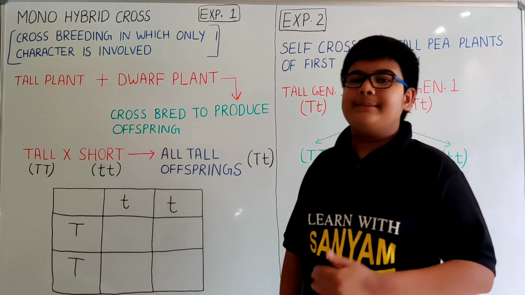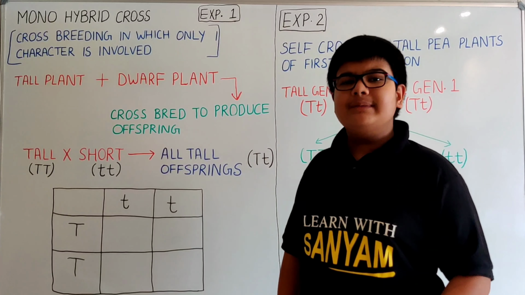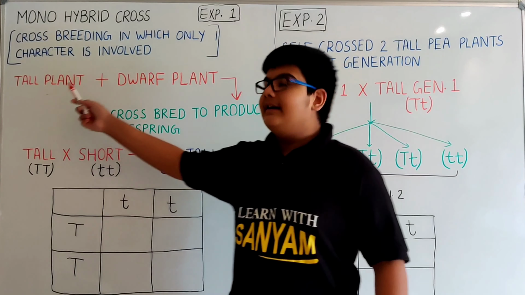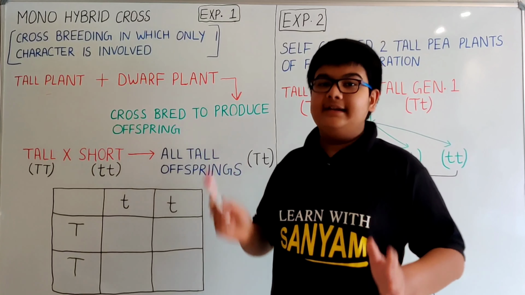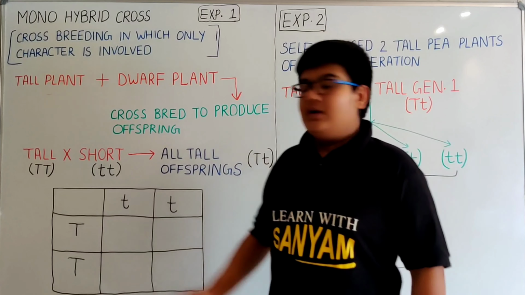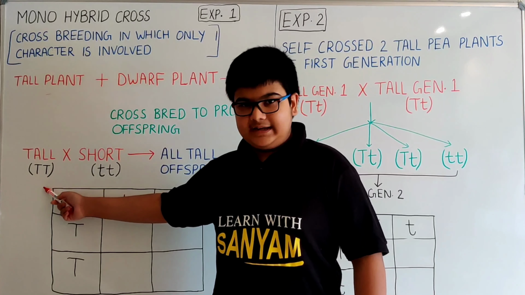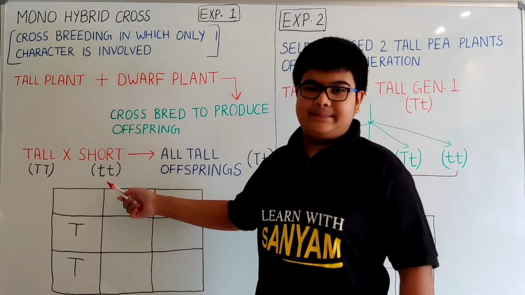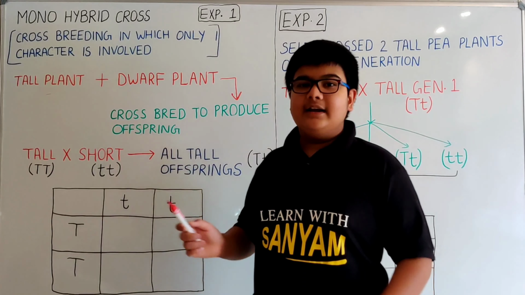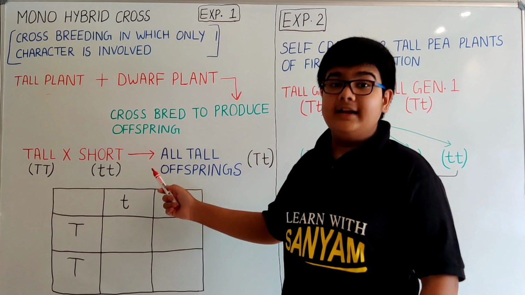In the first experiment, Mendel took a tall pea plant and a dwarf pea plant and crossbred them to produce offspring. The tall plant was represented by capital T, and the short plant by small t. When he crossbred them, he found that all the offspring produced were tall.